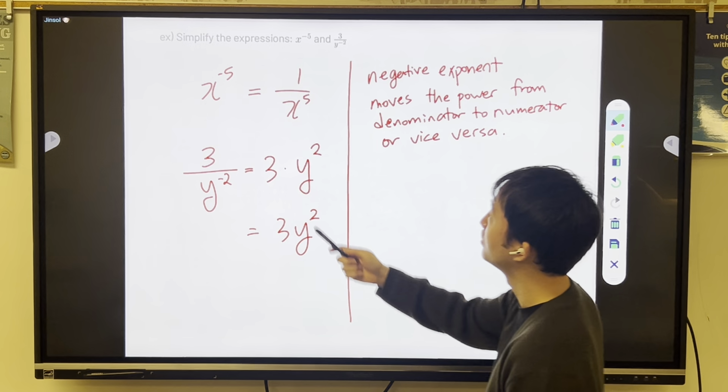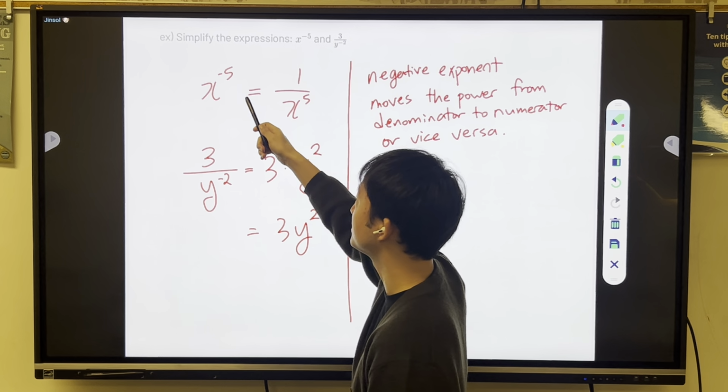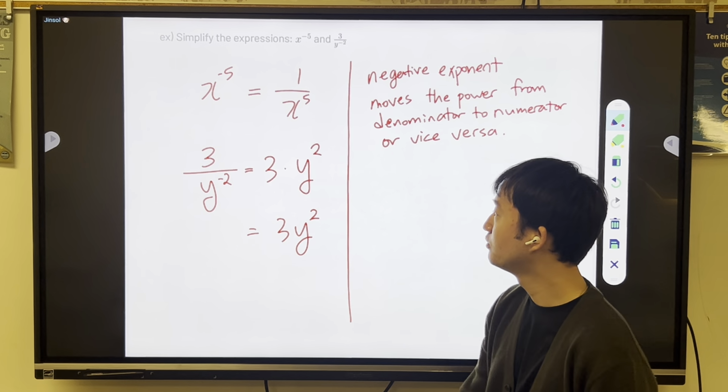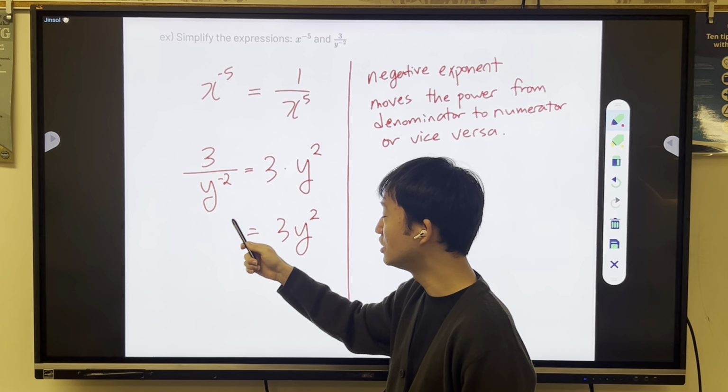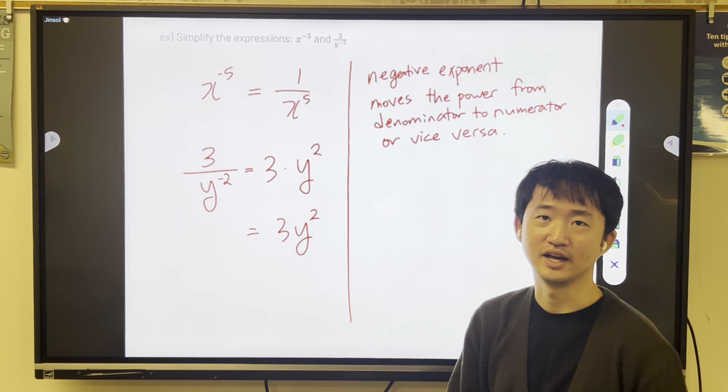So that's where the x power of -5, which is on the numerator side, goes into the denominator side. Y power of -2, which was on the denominator side, has moved to the numerator side.